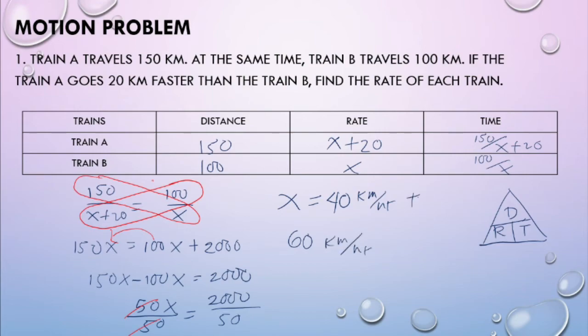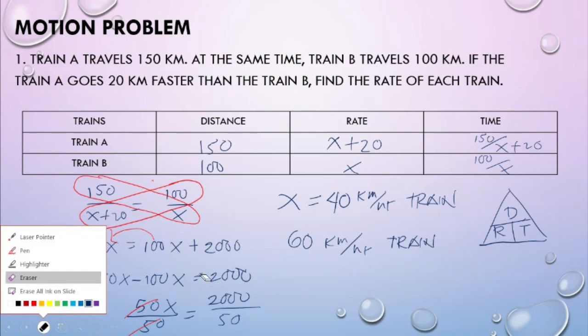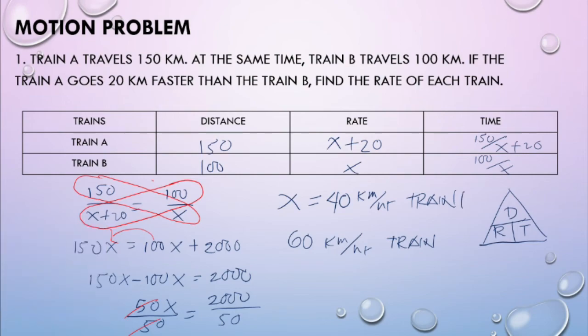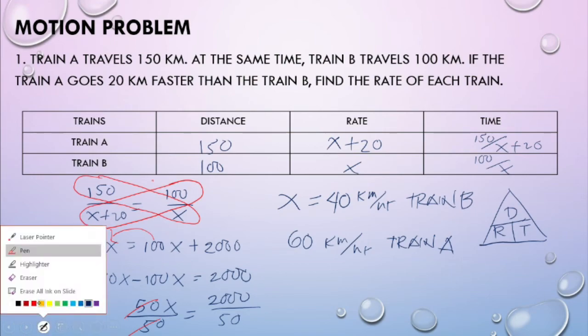So, this is for train A. This is for train, baliktad. This is for train B, then this one is train A. So, that is our answer.